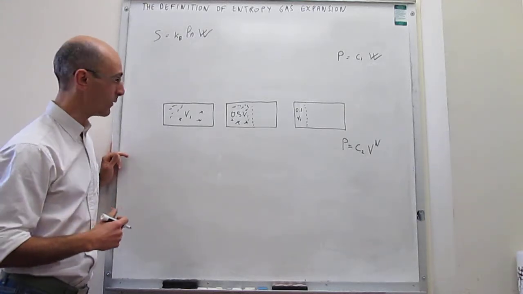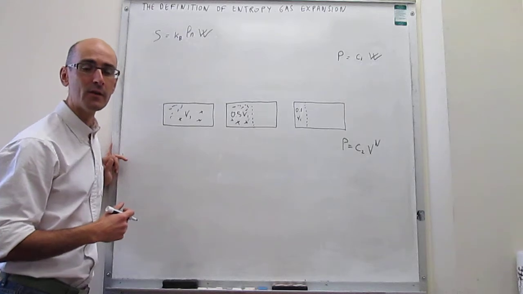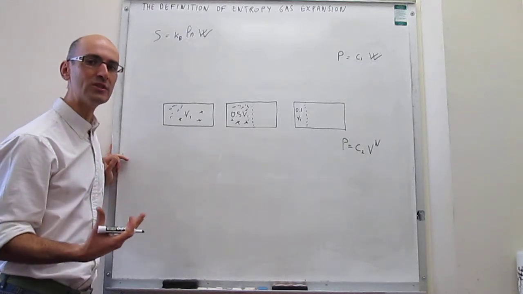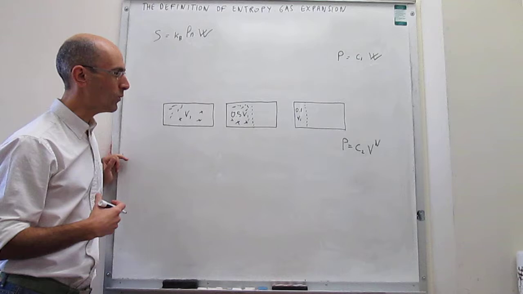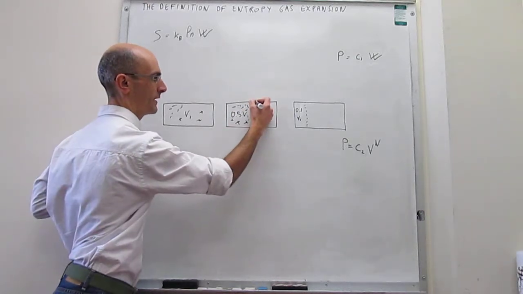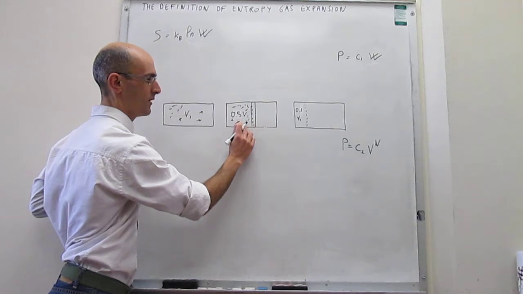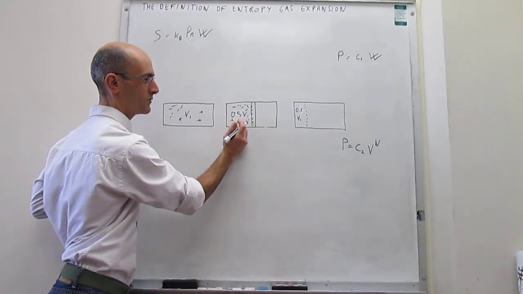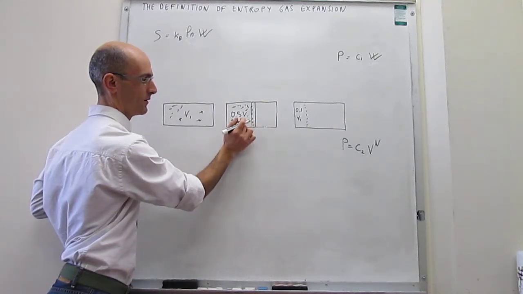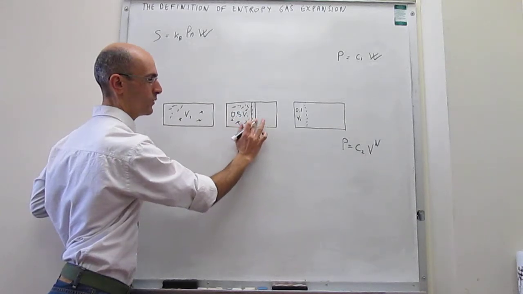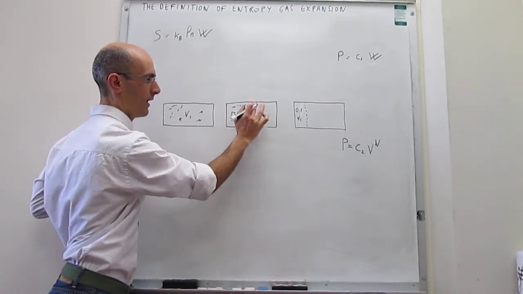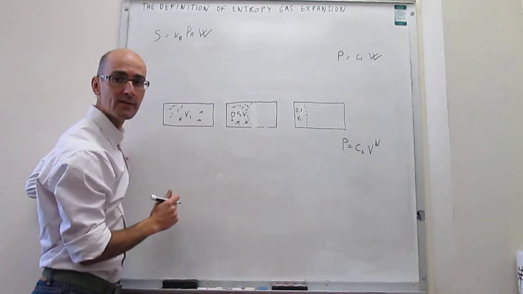As a matter of fact, what we want to do in this video is to come up with a definition for the change in entropy experienced when you have an expansion of a gas, say from this situation where you have all of the gas concentrated in this small volume, to a situation in which you remove this wall and now the gas tends to occupy the entirety of the volume.